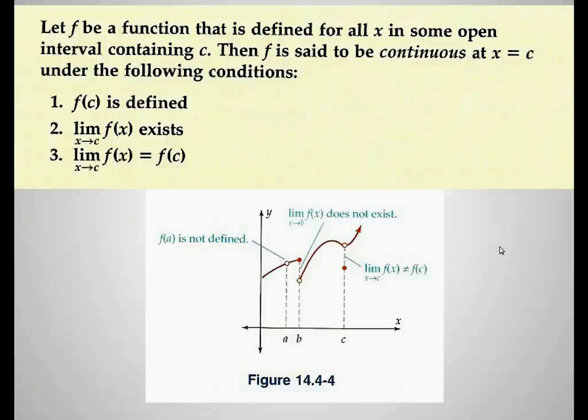And lastly, at x equals c, we look over here. Sure, the left-hand limit exists, the right-hand limit exists, and the function exists at x equals c. However, the limit as x approaches c and the value of f of c are not the same.